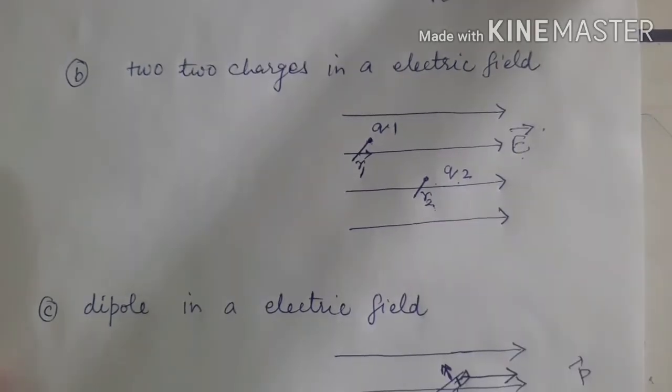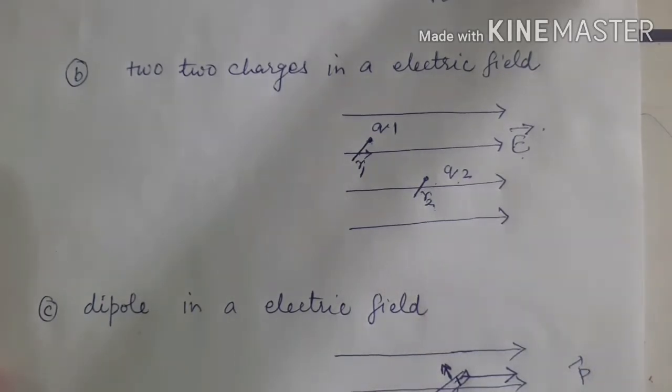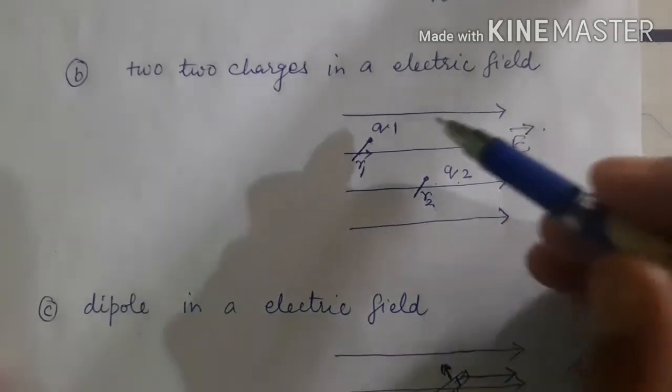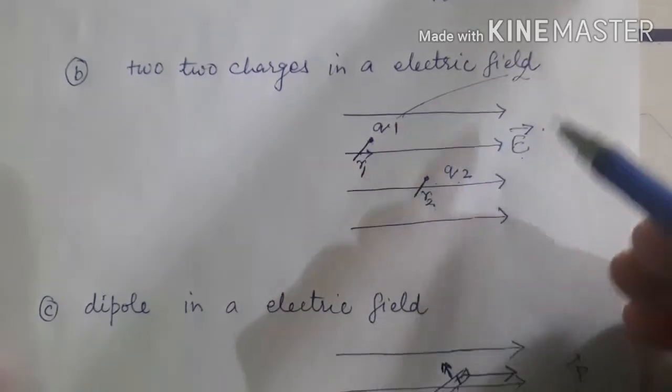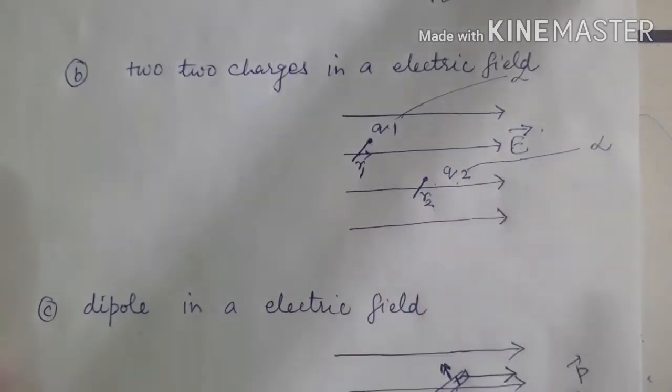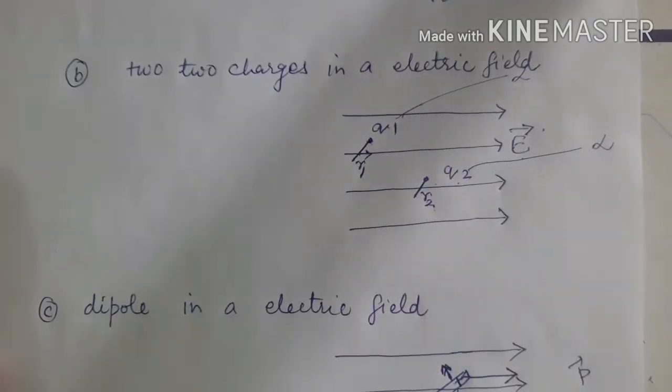The potential energy of this system can be calculated as the work done to bring these two charges. Means first we take these charges to infinite distance, this also at infinity, this also at infinity, and bring this charged particle to this position.